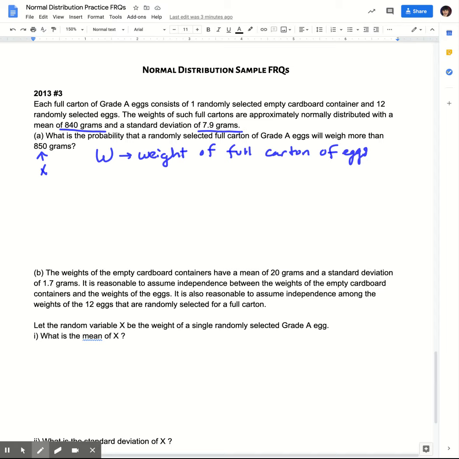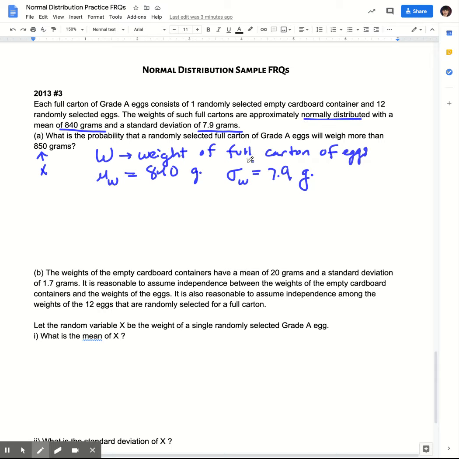So the mean of variable W is 840 grams, and the standard deviation of W is 7.9 grams, which is just what they told us in the problem. I'm not creating anything out of thin air; I'm just abbreviating to make my life a little easier.